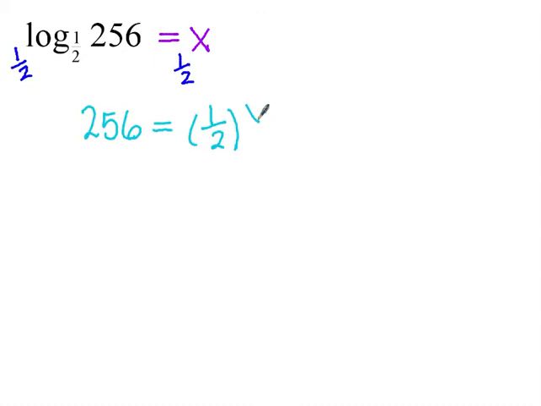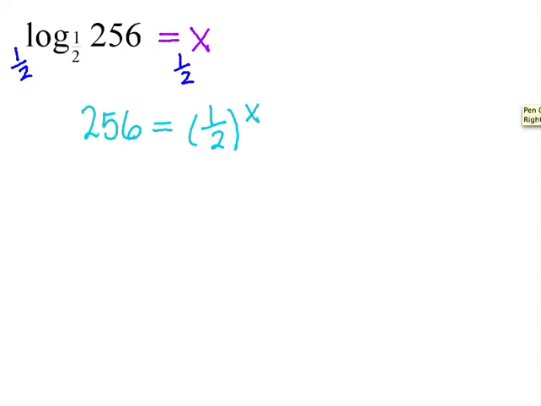Okay, log base 1/2 of 256. So what do I do? Equals x. Good. And then 1/2 on both sides. Yep. So I end up getting 1/2 to the x. Oh, crud.